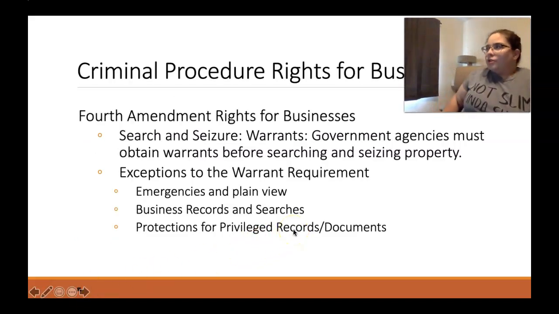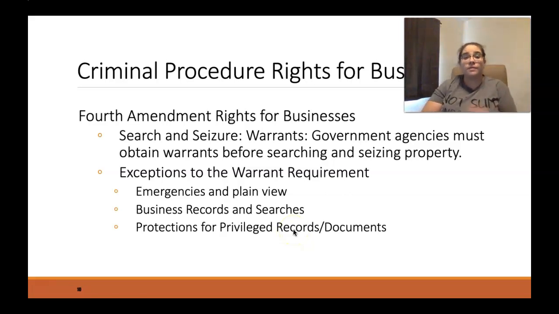So when I described for you the concept of Citizens United, how businesses and corporations are people too. So they have some constitutional rights, particularly when it comes to criminal investigations. Described for you already that those procedures, those rights don't really apply when we're talking about an administrative agency investigation. But if we're talking about a criminal investigation, there are Fourth Amendment rights for businesses, so they have to have warrants.